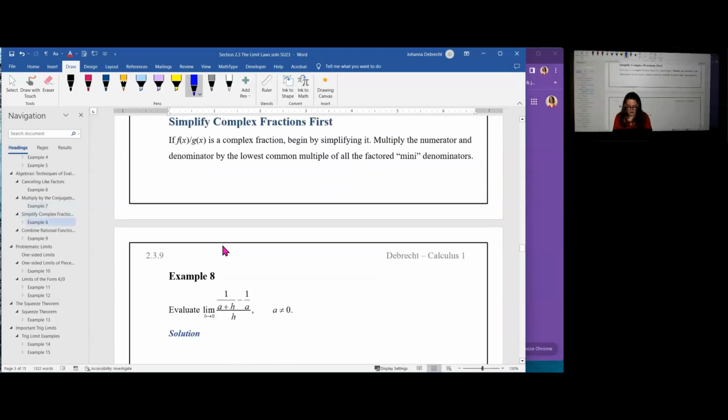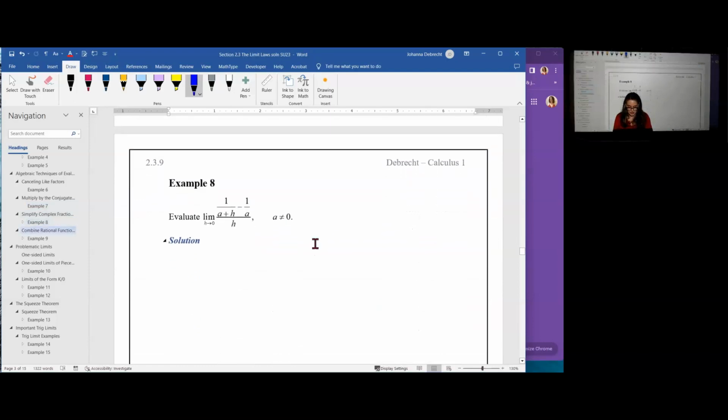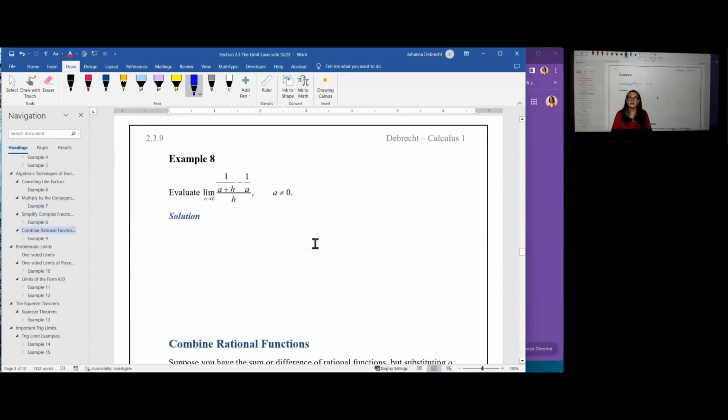What if you have a complex fraction? Most students are not overly fond of fractions inside of fractions. So let's talk about how to deal with something like this. Our first step is always going to be substitute the value of a into the function. In this case, we have h instead of x.